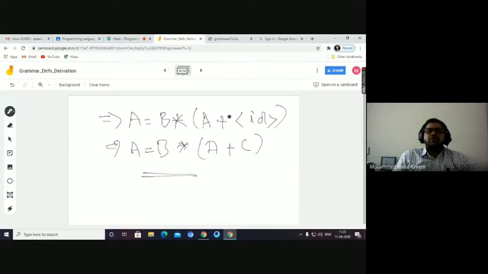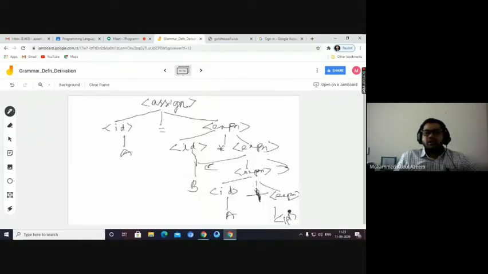A plus C. So I write here, expression is further derived to be ID, and this ID is further derived to be C. So you can see A equal to B into, within parenthesis, A plus C, close parenthesis.